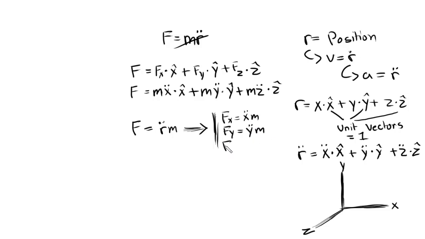And force in the z direction is equal to the second derivative of position in the z direction times mass. And this is really cool because it tells us that Newton's second law in 3 dimensions is comprised of 3 one-dimensional equations.